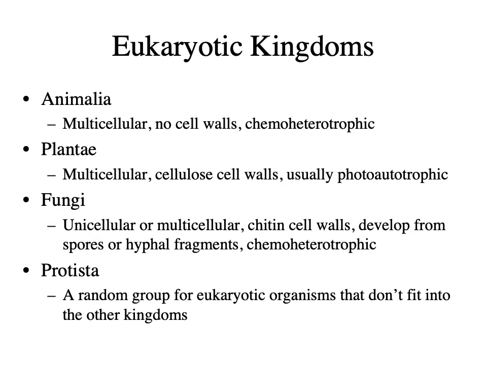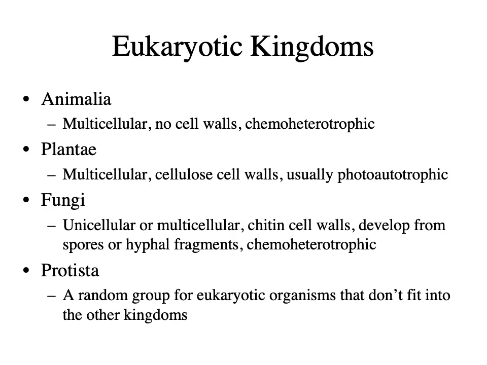Protista is going to get confusing in later chapters, but I'll try to keep it reasonable and help you understand it. Protista is a random group of eukaryotic organisms that don't fit into other kingdoms. It's like a group of organisms that they just stuck into its own little category.